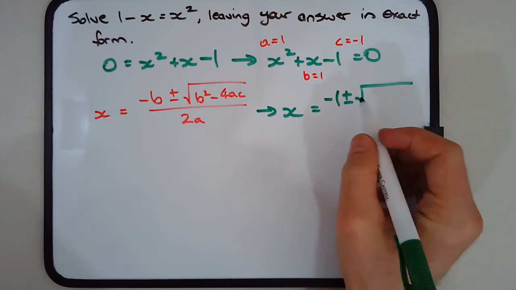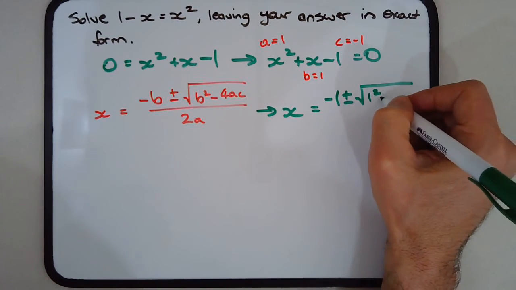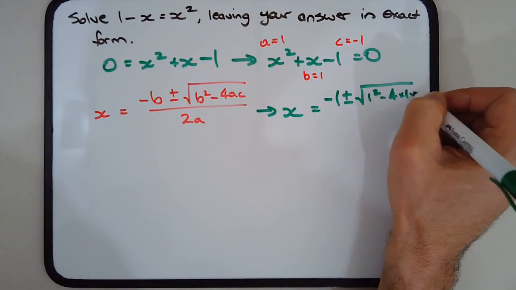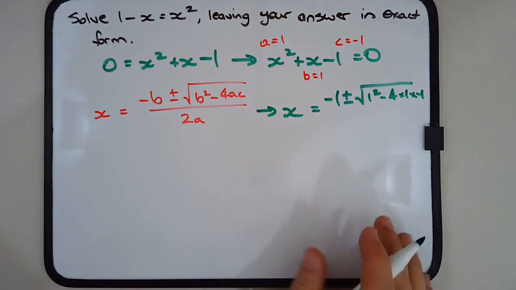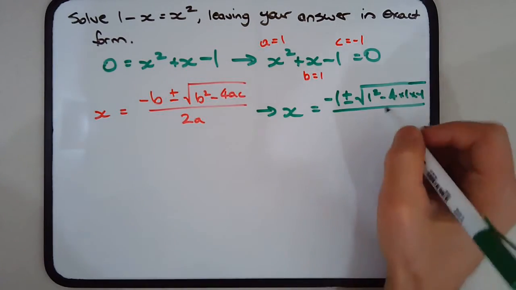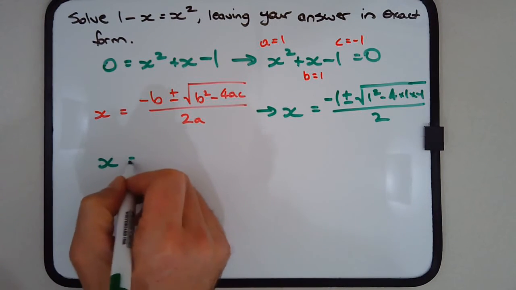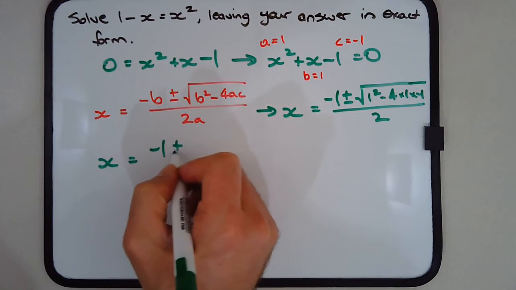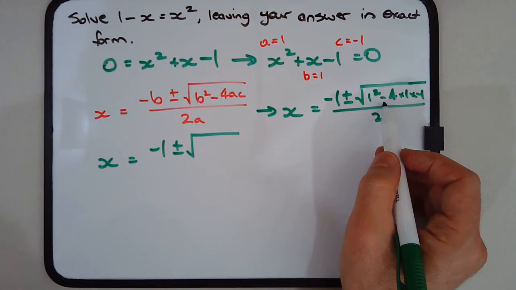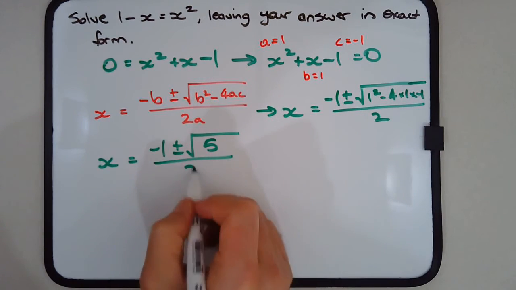Now b squared minus 4ac is just 1 squared, minus 4 times 1 times negative 1. All over 2a, 2 times 1, so that's just 2. So x is equal to negative 1 plus or minus the square root of 1 minus negative 4, so it's going to be 5, over 2.